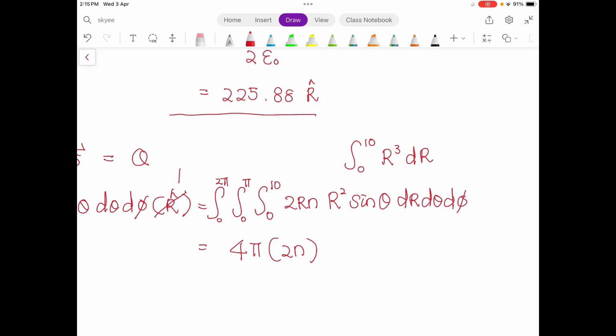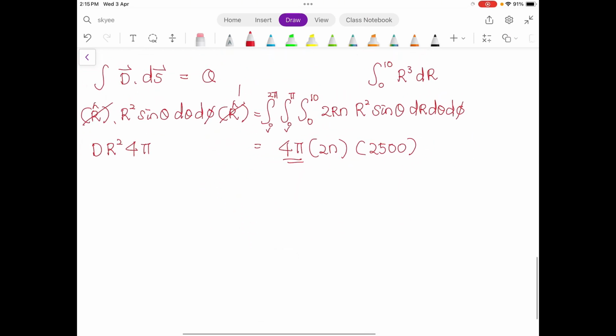This will settle when you integrate this one and this one. You can press the calculator, r cube, then 10, and then 0, so you get 2,500. Now try to solve the equations.